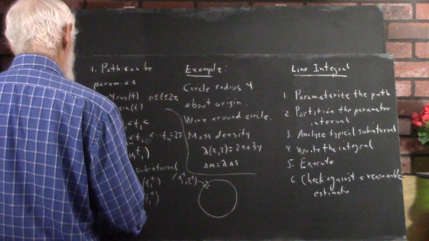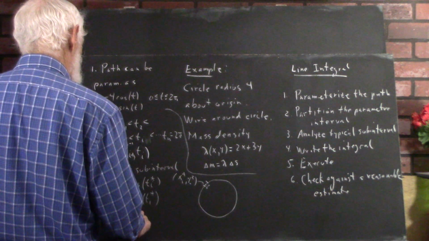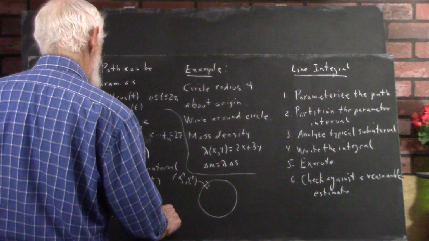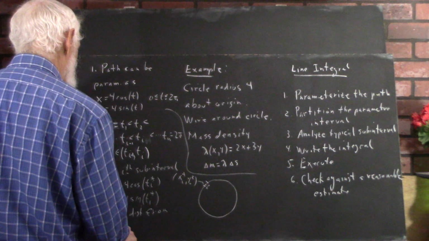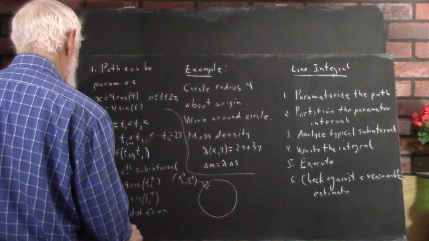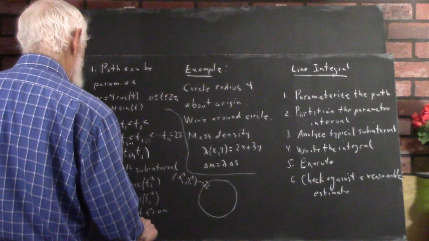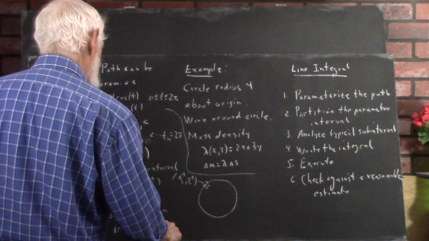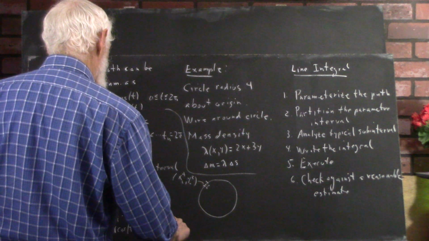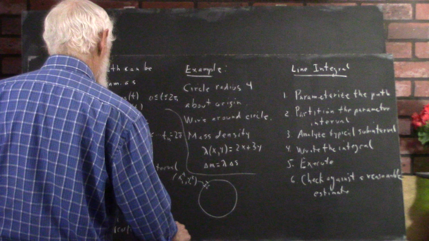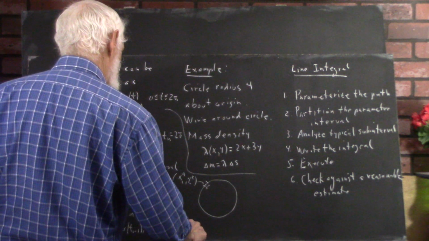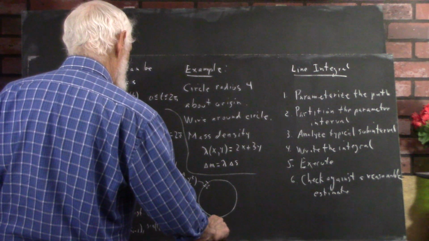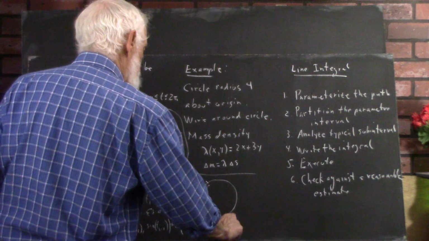Delta S i is going to be approximately equal to the distance from the point cosine of ti minus 1, sine of ti minus 1, to the point cosine of ti, sine of ti.